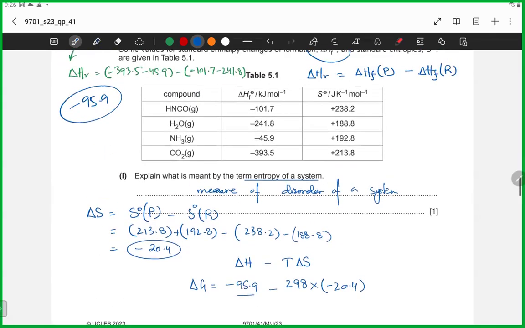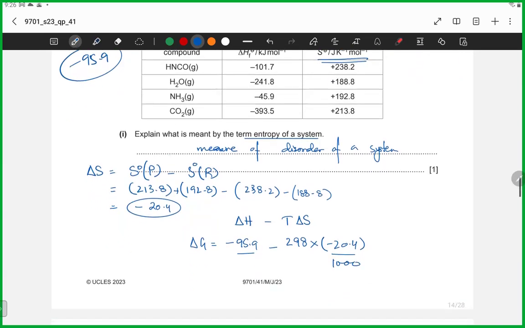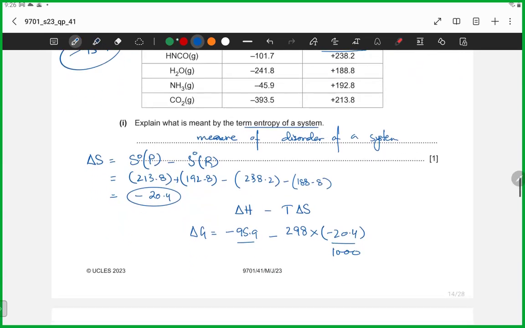Now, one of these values is in joules and the other value is in kilojoules. Your delta G is always in kilojoules, so you have to convert everything to kilojoules. So this 20.4, which is entropy, is in joules. It has to be divided by 1000 as well. The minus signs will become plus. So what do we get?